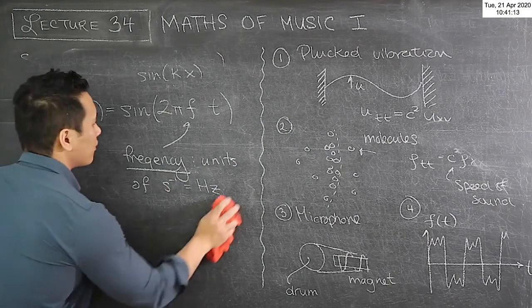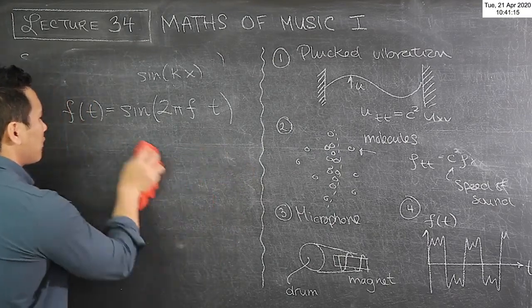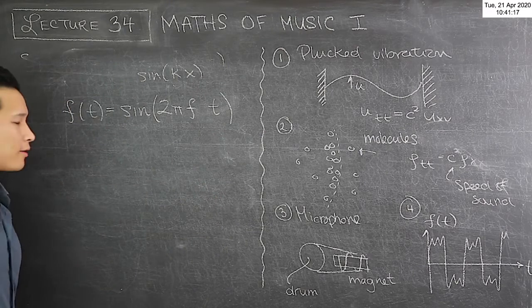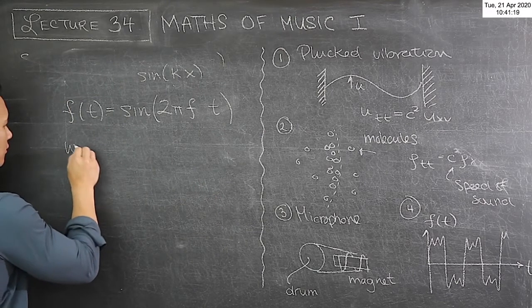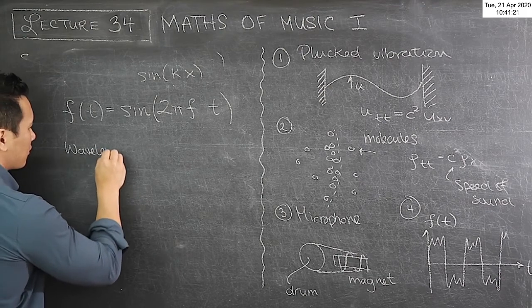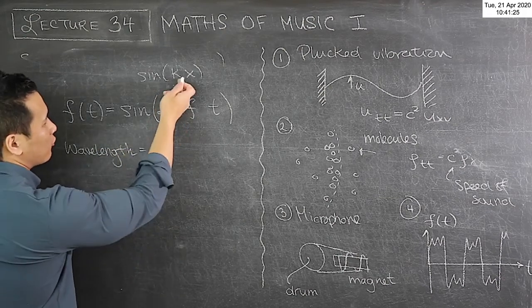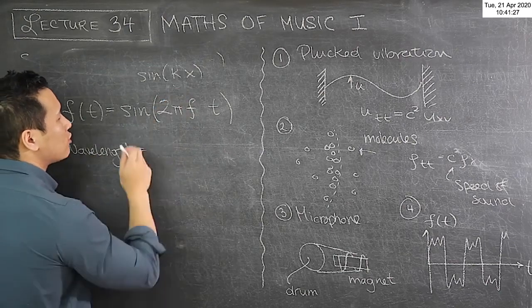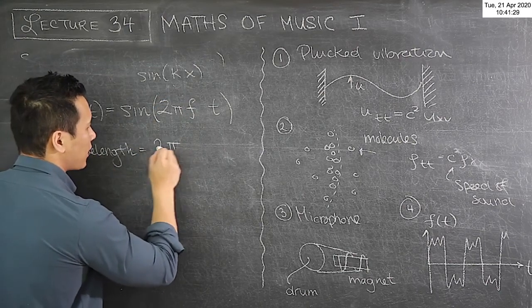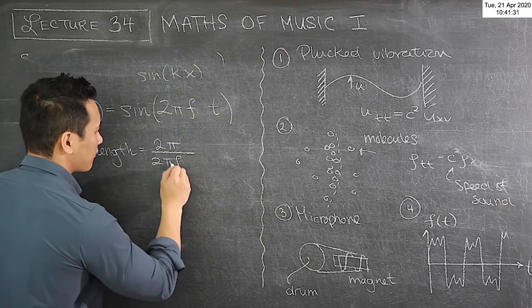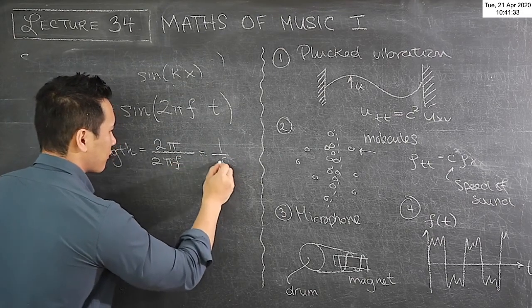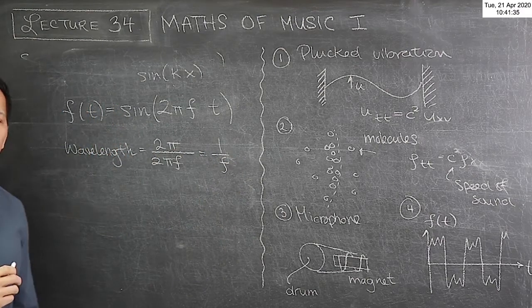Well, the wavelength of this signal is basically, you remember whenever we did k times x, the wavelength is just 2 pi over k. So in this case, it's 2 pi over 2 pi times f, so it's 1 over f.